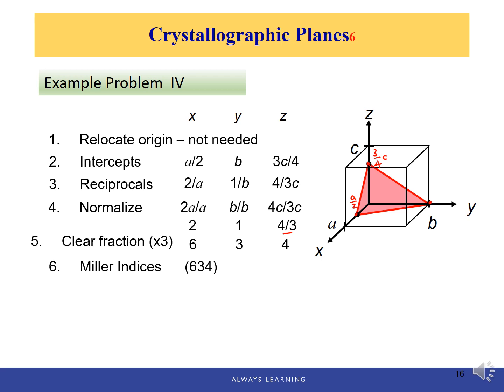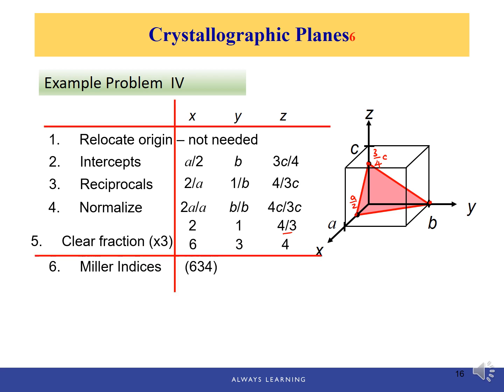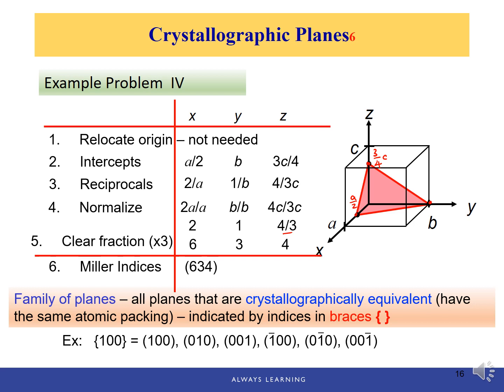For crystallographic planes, we also have families of planes. All planes that are crystallographically equivalent are indicated by indices in these braces. We call this the 1, 0, 0 family. So all of those combinations, the 1, 0, 0 plane, 0, 1, 0 plane, 0, 0, 1 plane, negative 1, 0, 0, all of those planes belong to the family of planes.